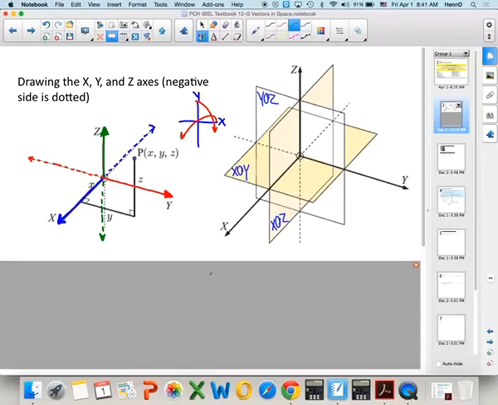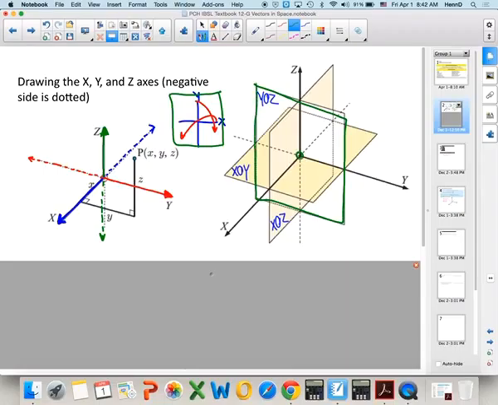So, we have here, instead of just the intersection of two lines that forms a Cartesian plane, we actually have the intersection of three planes that creates three-dimensional space. Okay? So you see here, the y-axis and the z-axis create this plane, YOZ, and O is our origin.